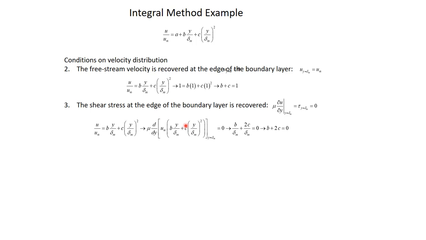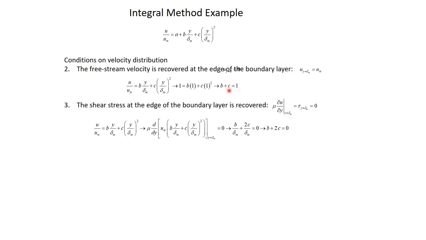The second term would be 2 times c times y over delta sub m squared. But I'm evaluating this at y equals delta sub m, so that's going to end up being 2 times c over delta sub m. So I can again sort of cancel through the delta sub m's because it appears in each term, and I end up with another equation here, which is b plus 2c equals 0.